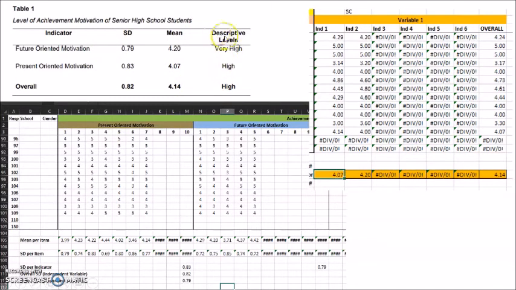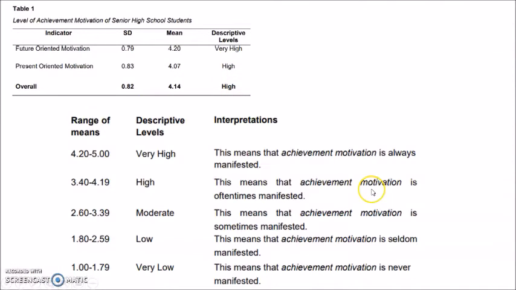And where do we get the descriptive levels? If you still remember in Chapter 2, under research instrument, there is the range of means. This is how the range of means looks like in Chapter 2, under research instrument, for the first variable. So you look for the mean here, not the standard deviation.